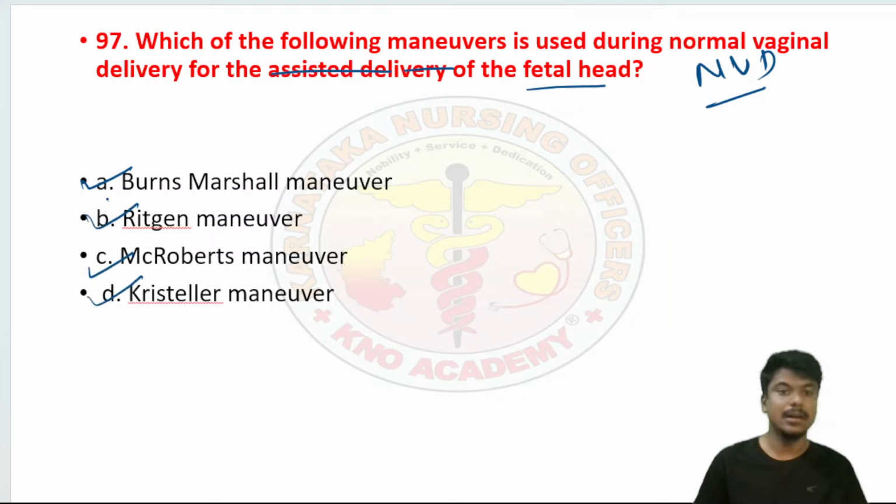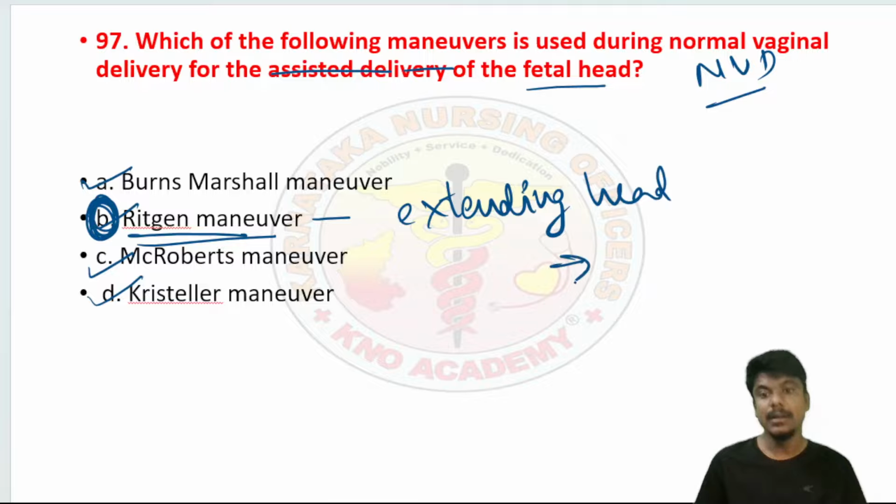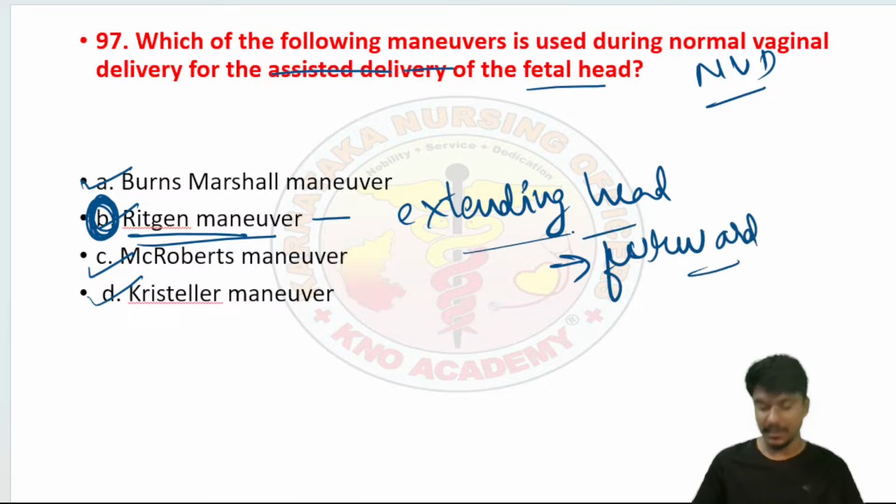Okay, for normal delivery we'll use the Ritgen maneuver. How? By extension of the fetal head and taking it forward.